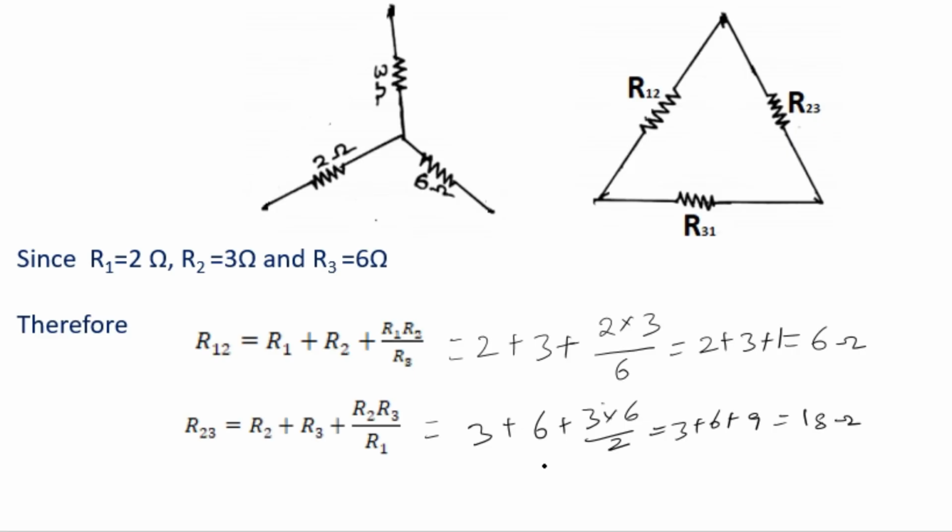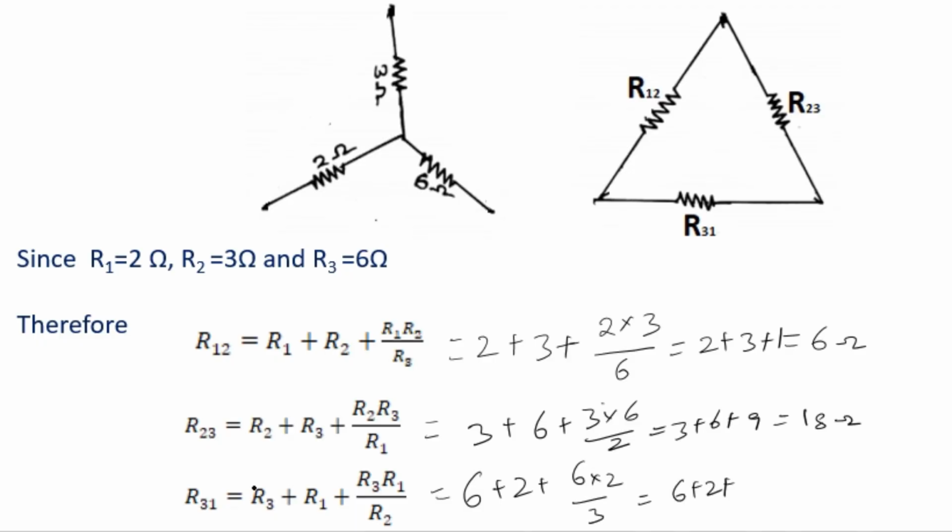And R31 is equal to 6 plus 2 plus 6 into 2 by 3, which is 6 plus 2 plus 4, which is equal to 12 ohms.